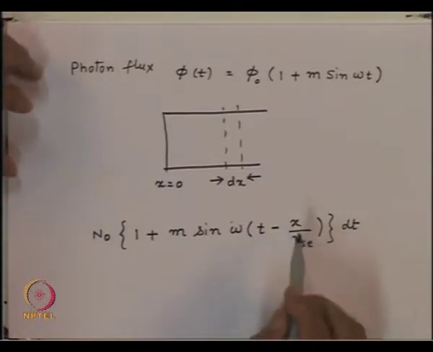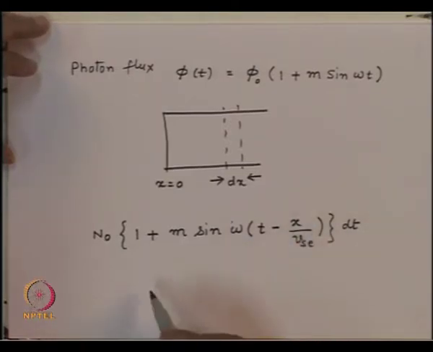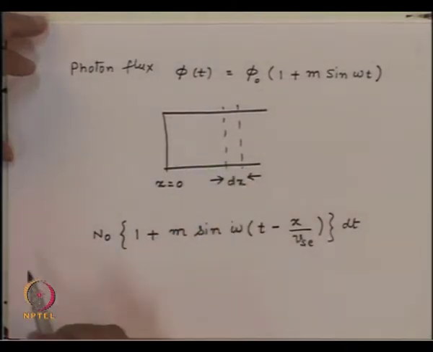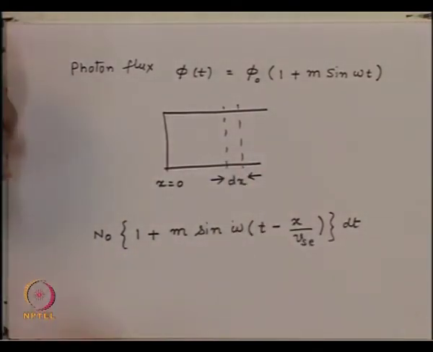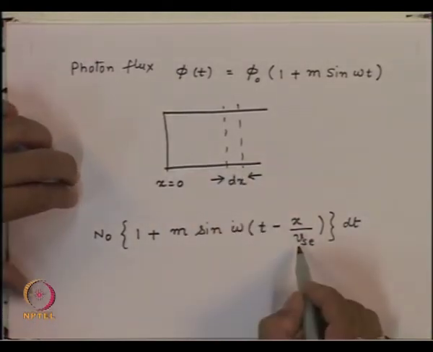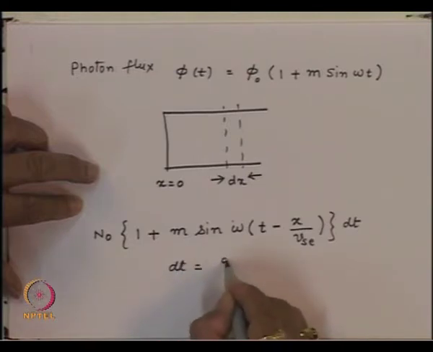So what are these carriers? These are the carriers which were generated at time this much before and now are crossing through this junction or this layer of length dx. So during this time dt in this layer, these are the carriers essentially which are passing through this. Now since the carriers are moving with the saturation velocity which is VSE, we have dt equal to dx upon V saturation.